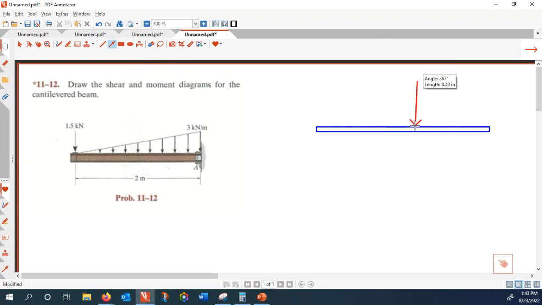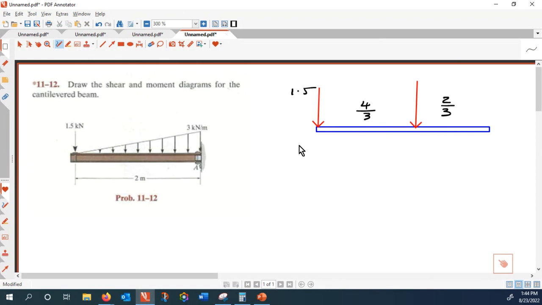And that 3 kilonewton, the line of action is 1/3 from the base, 2/3 from the apex. Correct? And one load is acting here, that is 1.5.